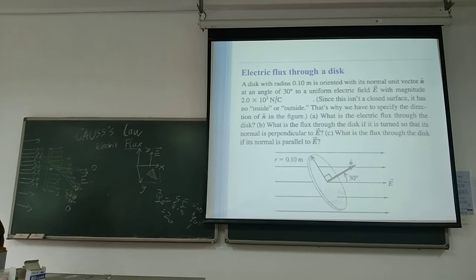A disk with radius 0.1 meter is oriented with its normal unit vector at an angle of 30 degrees to a uniform electric field E with magnitude of 2 times 10 to the third Newton per coulomb.